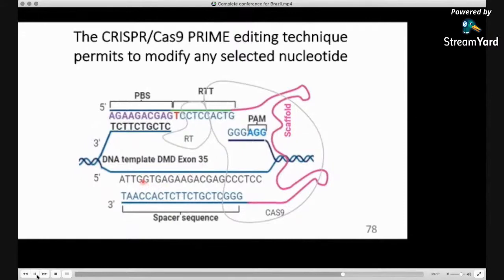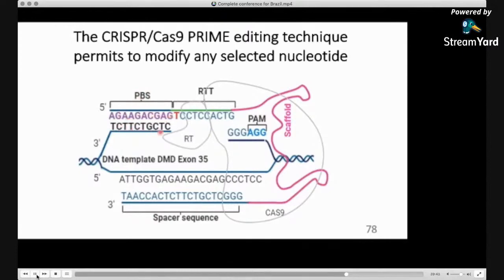Thus, as the single guide RNA, it contains a spacer sequence which reacts with 20 nucleotides in the target DNA. It also contains the constant scaffold of the single guide RNA, which is in red, and then at its 3' end, there is a prolongation with the primer binding site, which is a sequence of 10 to 17 nucleotides reacting with the upper strand of DNA.